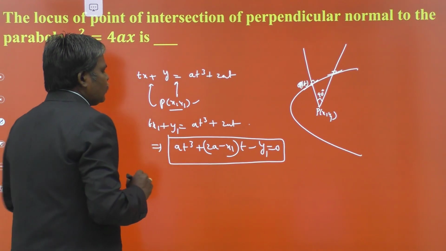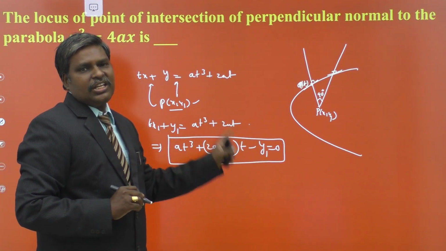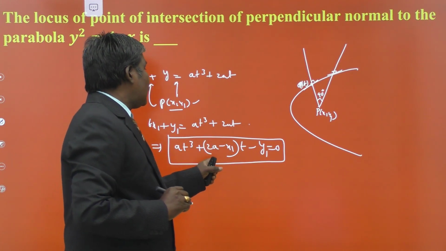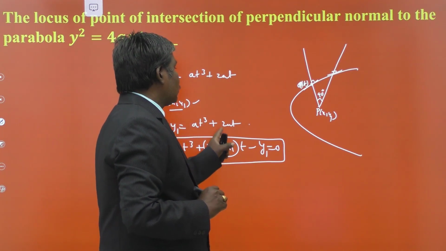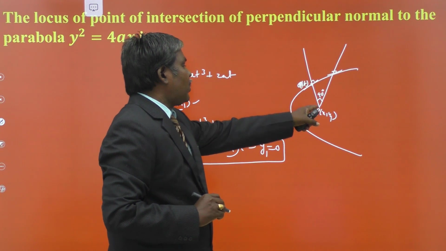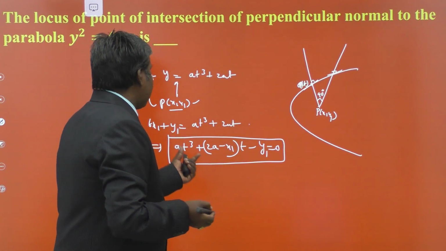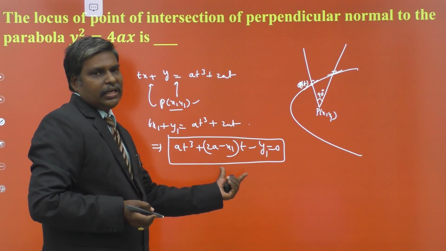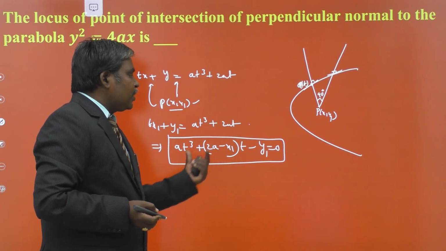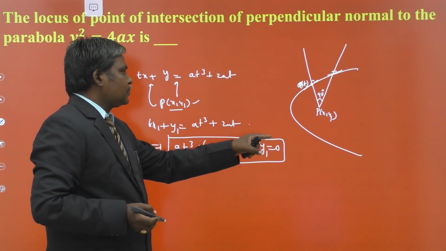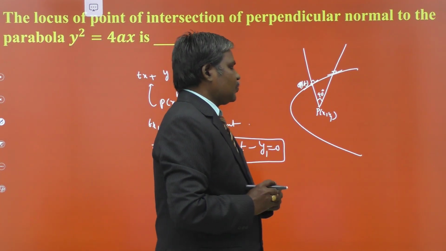This is a cubic equation in t. It has three roots. These are the slopes of normals, with negative signs, through our point P(x1, y1). Suppose it has three roots t1, t2, t3. Their corresponding -t1, -t2, -t3 are the slopes of normals through my point P(x1, y1).